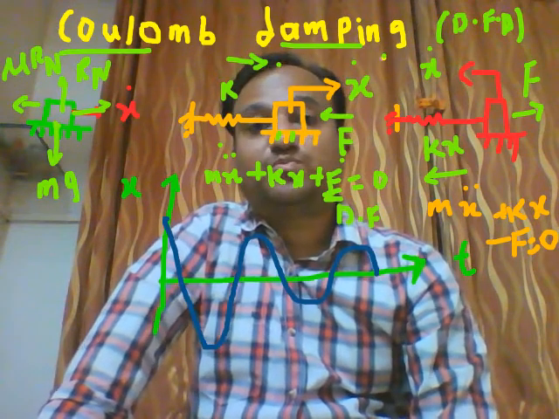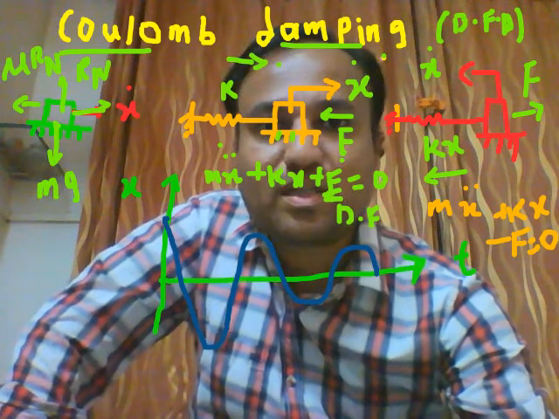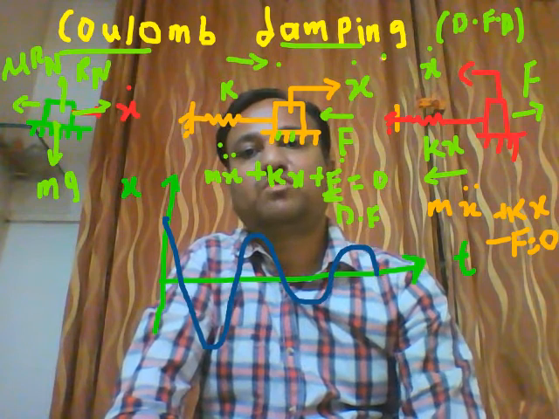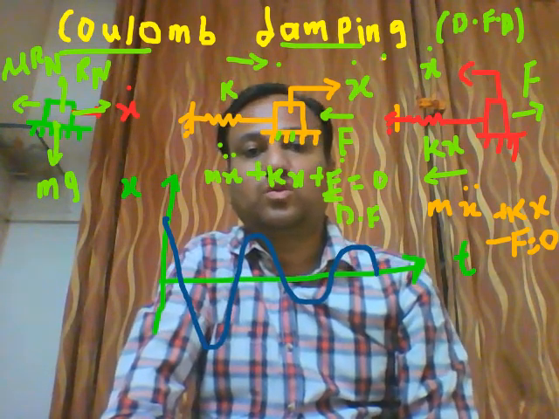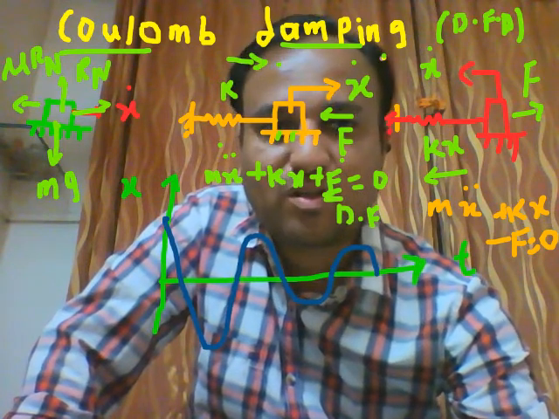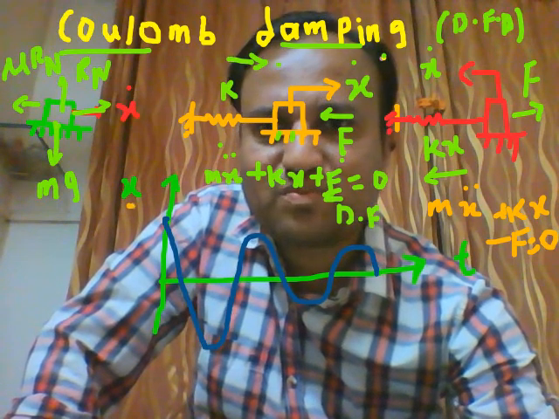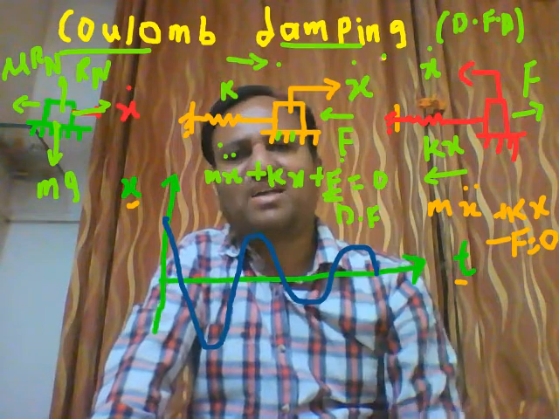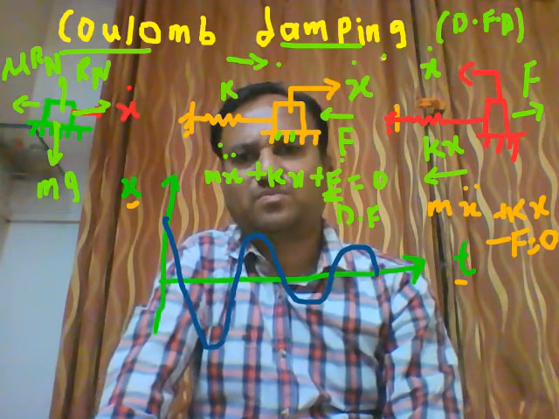Now student, the variation of displacement with respect to time as per Coulomb damping is concerned. So a simple variation, student, I have plotted on this graph, that is x versus t. Just think about it, the variation just for a single cycle I have plotted, one cycle only I have considered.